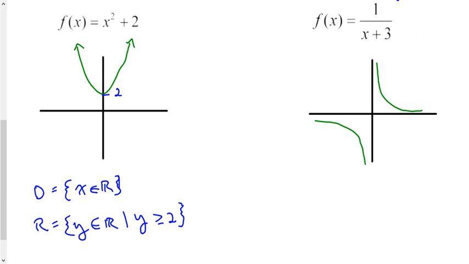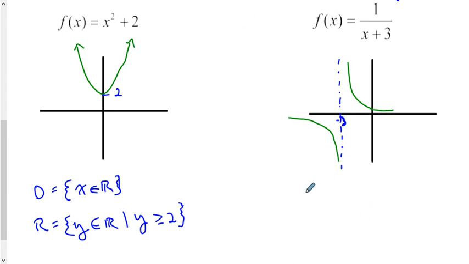It's got a +3 next to the x, and of course that means I'm going to be moved 3 spaces in the negative direction. So 1, 2, 3, kind of like that. And so that means instead of this spot in the middle where we never quite hit, instead of that being 0, that's going to actually be at -3 on my x-axis.